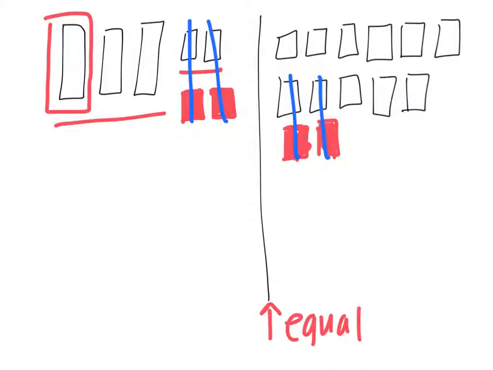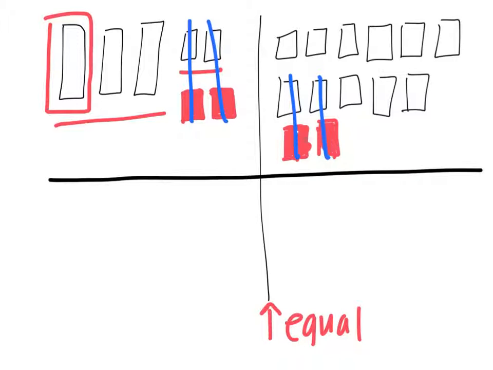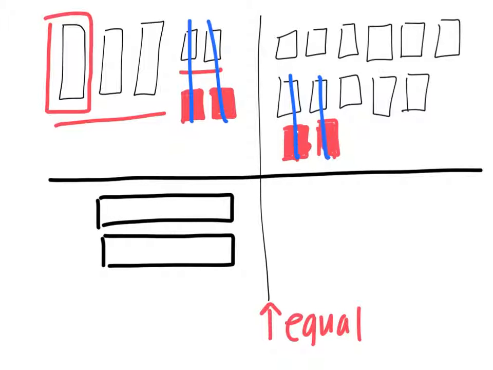Now, to show the next step, and this is really important, I want to get this X tile all by itself. So I'm going to flip it over on its side, and here's the reason why. When I flip it on its side, I am now going to take these remaining 1, 2, 3, 4, 5, 6, 7, 8, 9 tiles and split them evenly among these 3 X tiles.